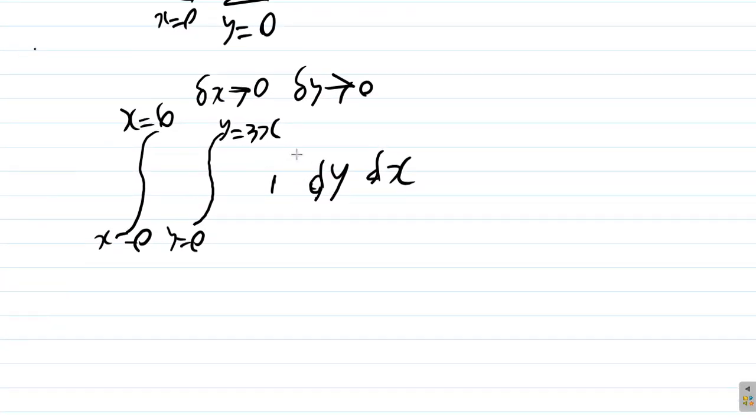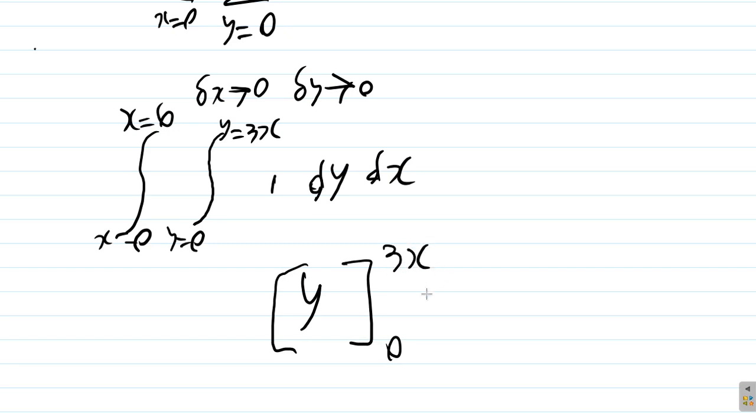When you integrate 1 with respect to y, you get y. Because remember, 1 is really 1y to the 0. And then when you integrate it, you get 1y to the 0 plus 1 over 0 plus 1. You should remember that by now. So it's 1y to the 1 over 1. So it's really y. And the boundaries are from 0 to 3x.